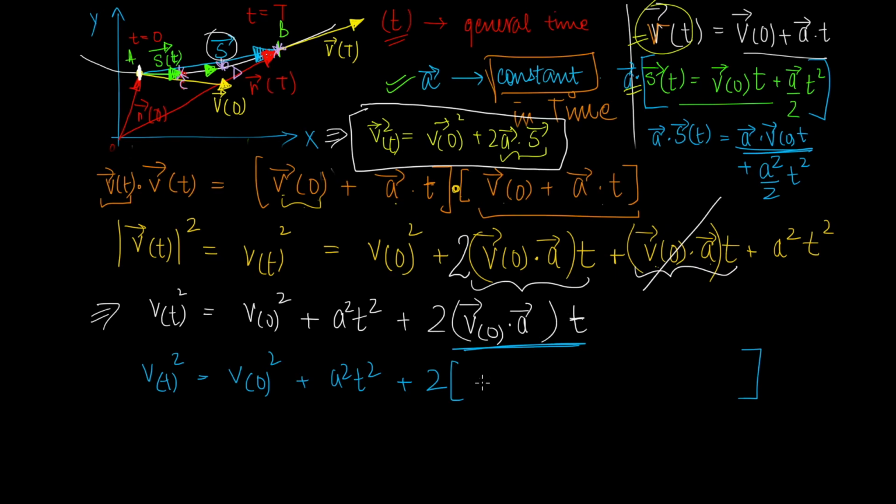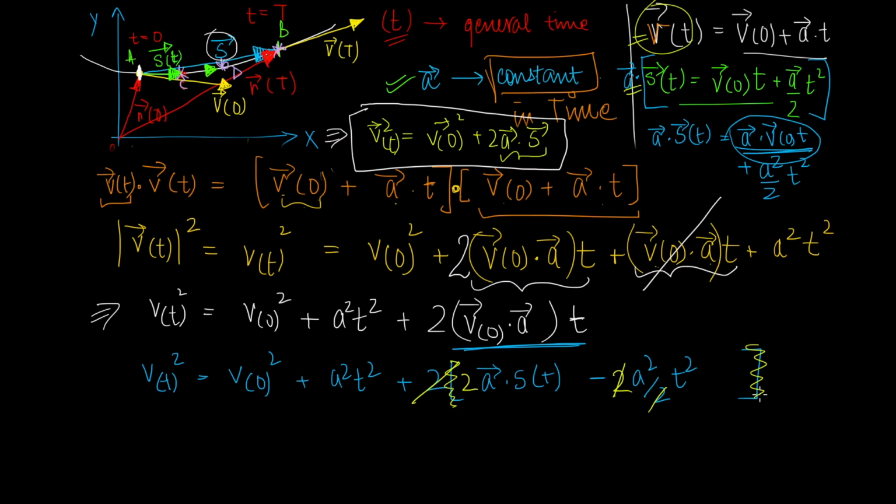So that comes out to be a dot s of t times t minus a square by 2 t square. I basically subtracted a square t square by 2 from both the sides to make this term the subject, and I got this expression for this term in the circle. What can we do with that? Well, we can multiply the 2 inside. This gives you 2 times this term, and 2 times this cancels out, and you're left with minus a square t square, and there is no use of the brackets anymore.